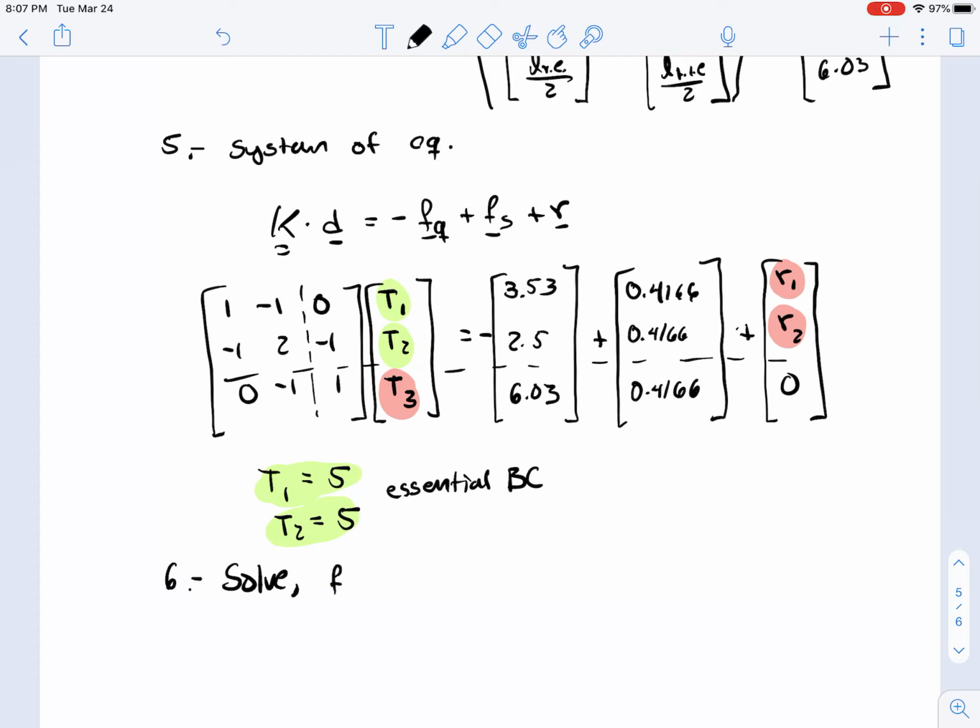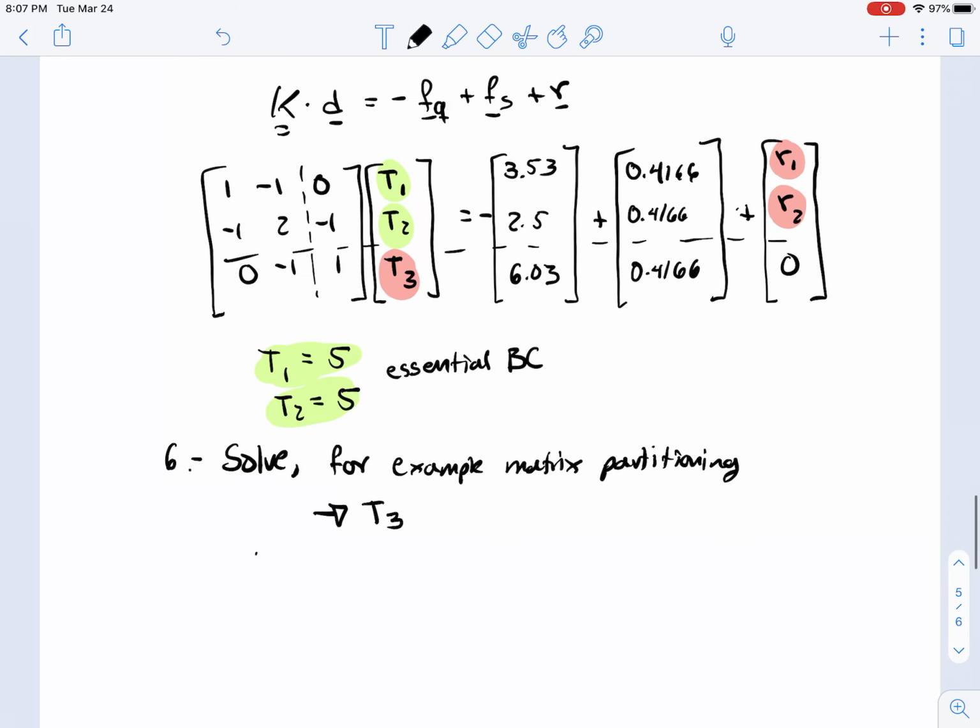So solve, for example, matrix partition. That would give you T3. Then plug in, and you can evaluate R1, R2.